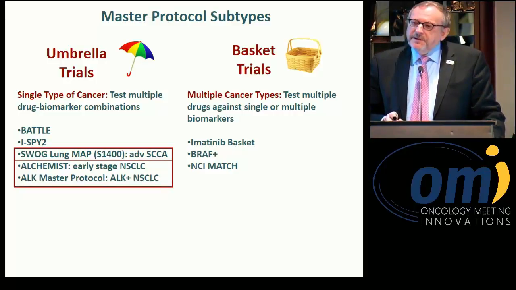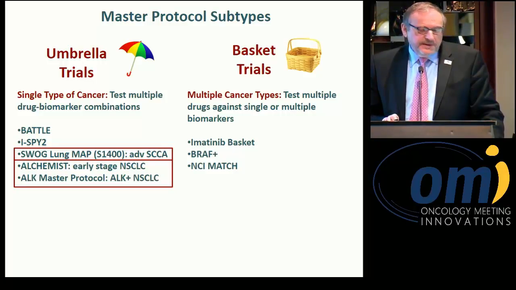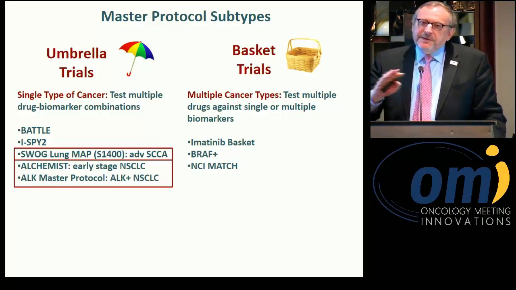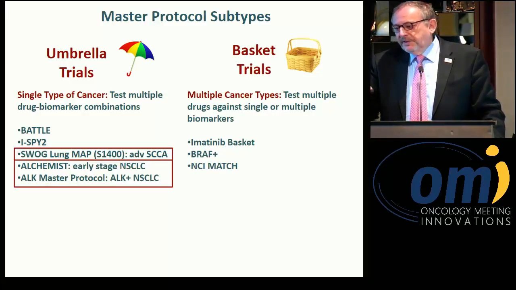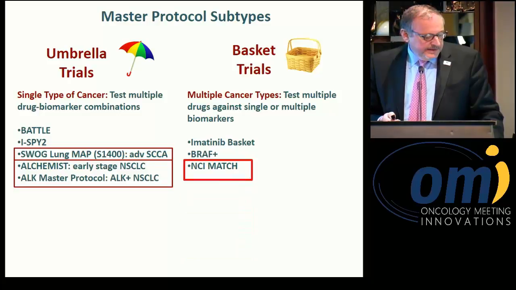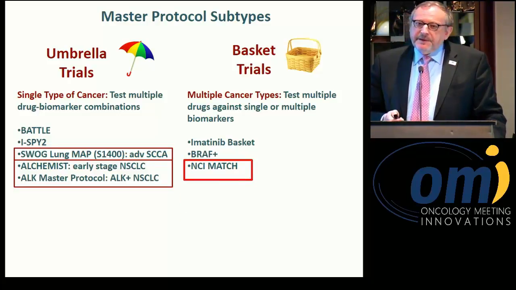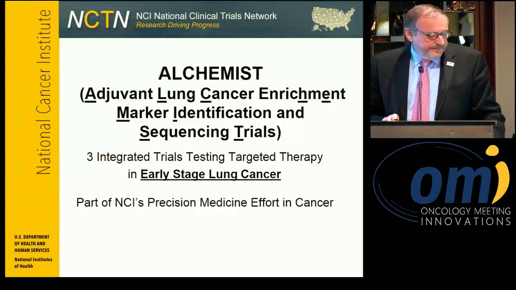But we also have basket trials, which means we don't care about tumor type. The only thing we care about is the molecular abnormalities, and we link them to clinical trials. An example of that is the NCI MATCH trial, which I will describe.